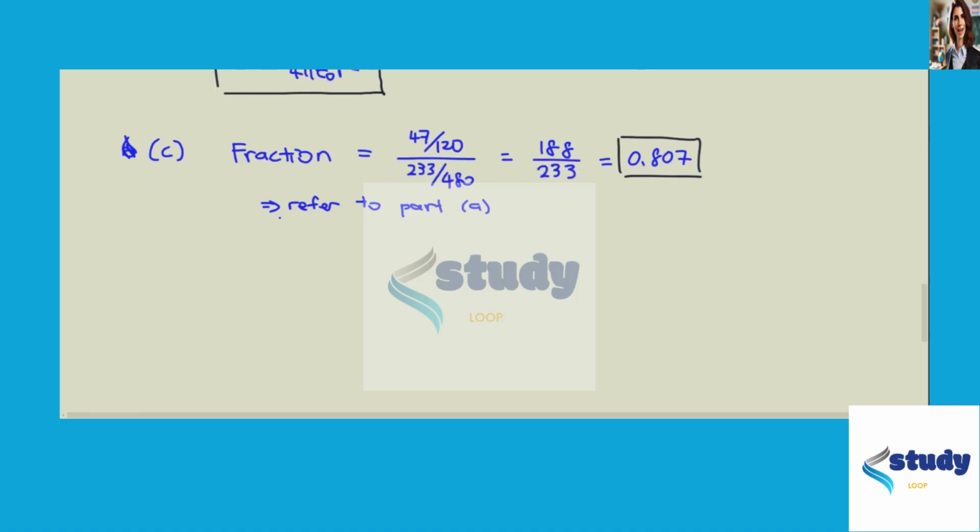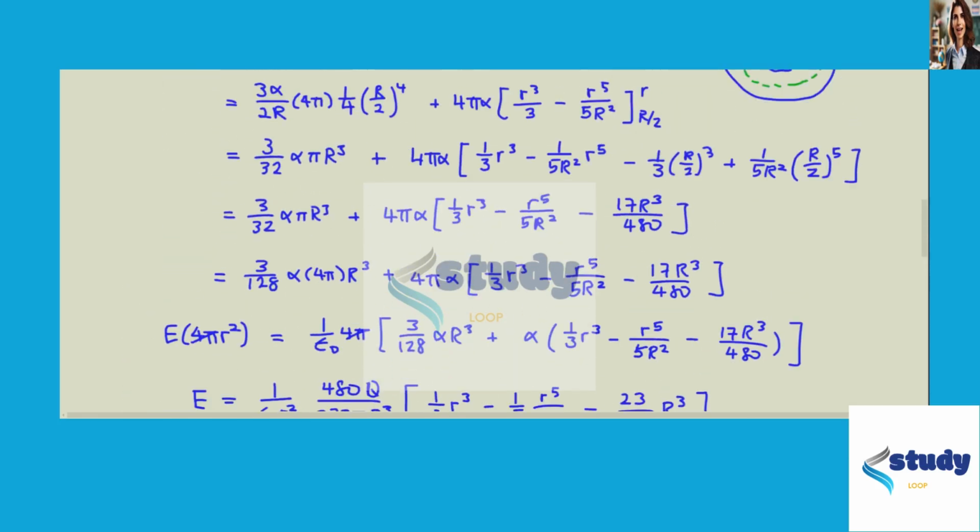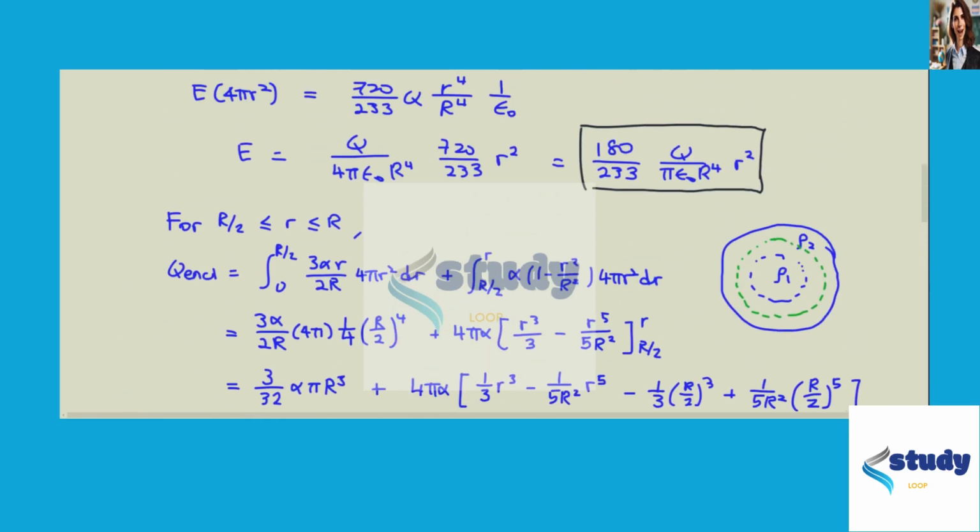In part D, we want to find the magnitude of E at r equals half of the radius. So we'll go back and use this expression.